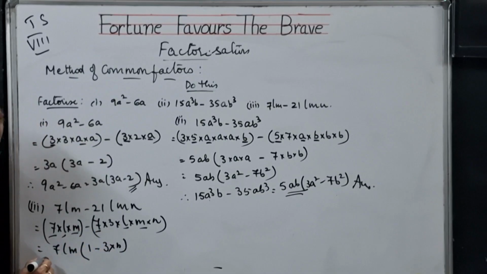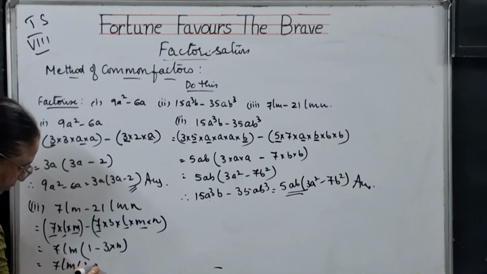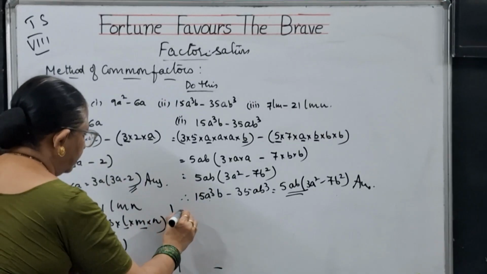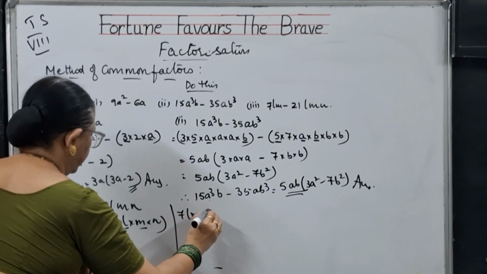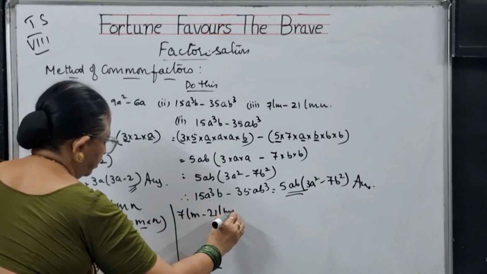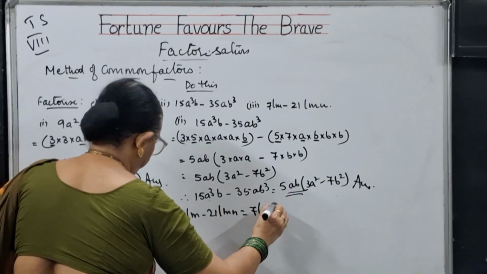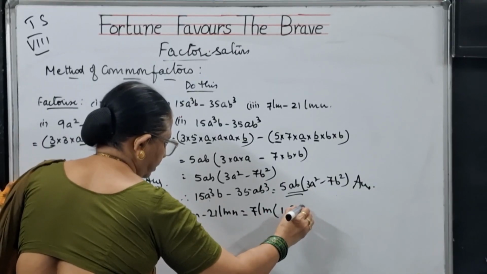N. So what am I getting? 7LM into 1 minus 3N. That means 7LM minus 21LMN is equal to 7LM into 1 minus 3N.